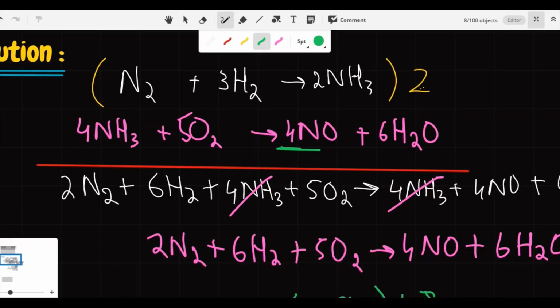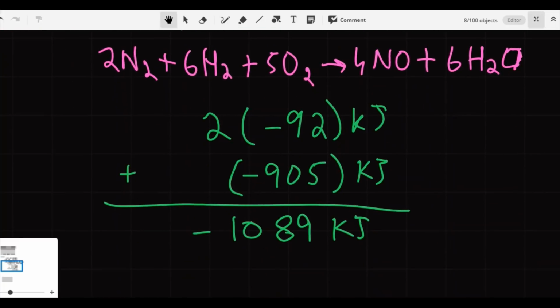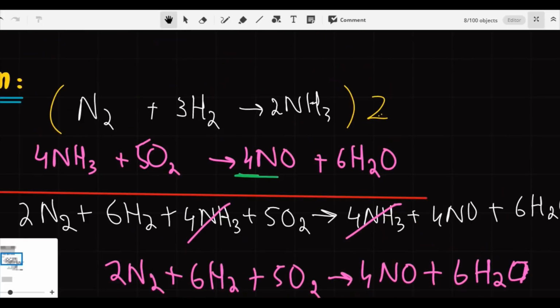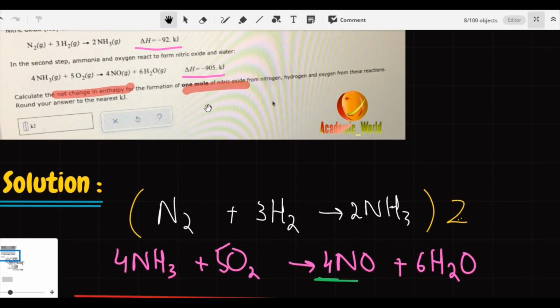So that means negative 1089 is actually the net change in enthalpy for the formation of 4 moles of NO. In the question you need to find the formation of 1 mole of nitric oxide.